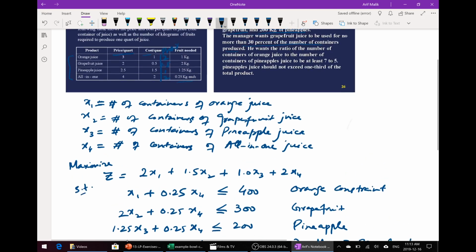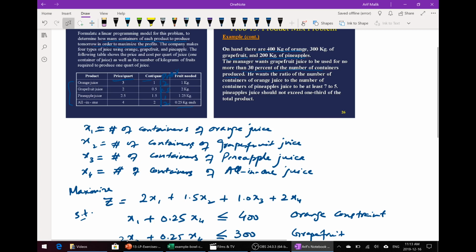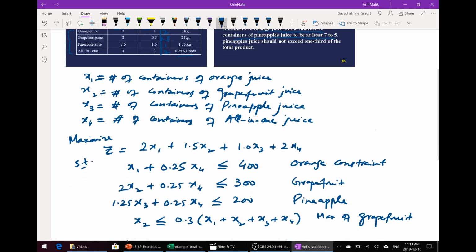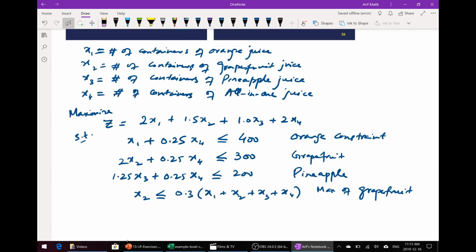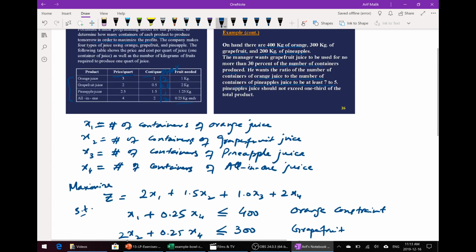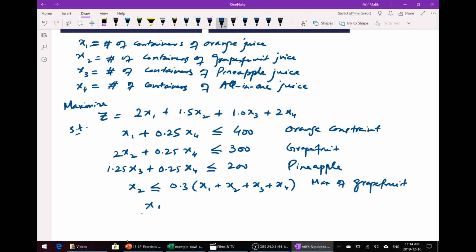And then it says he wants the ratio of the number of containers of orange juice to the number of containers of pineapple juice to be at least 7 to 5. Orange juice to pineapple juice, x1 over x3, should be greater than or equal to 7 over 5.